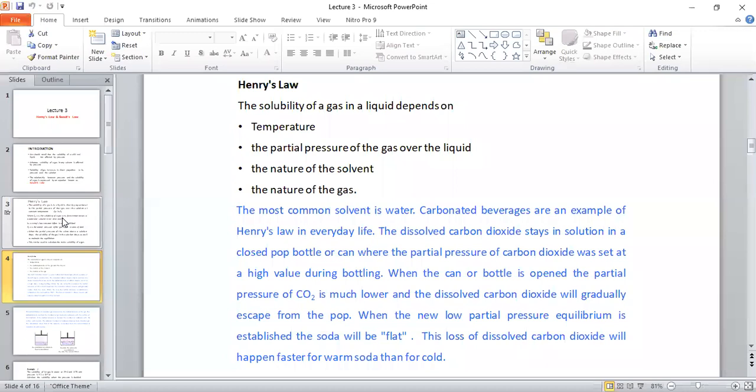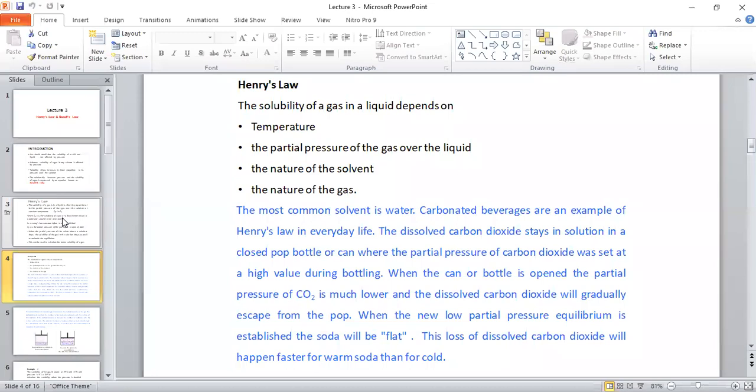Carbonated beverages are an example of Henry's law in everyday life. The dissolved carbon dioxide stays in solution in a closed pop bottle or can, where the partial pressure of the carbon dioxide was set at a high value during bottling, a value that will help the carbon dioxide stay in solution.